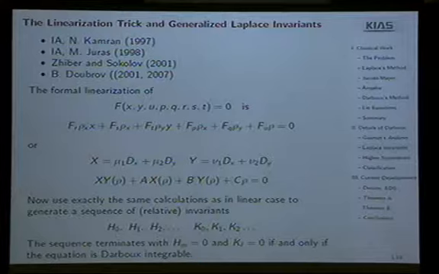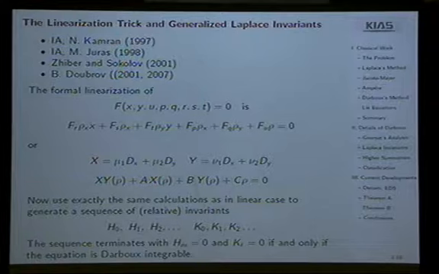Now, we were able to prove that this sequence of generalized Laplace invariants terminates at 0 precisely when this nonlinear equation is Darboux integrable. So for linear equations, Laplace invariants terminate, integrable. For a nonlinear equation, generalized Laplace invariants: if this sequence terminates, the equation is Darboux integrable.